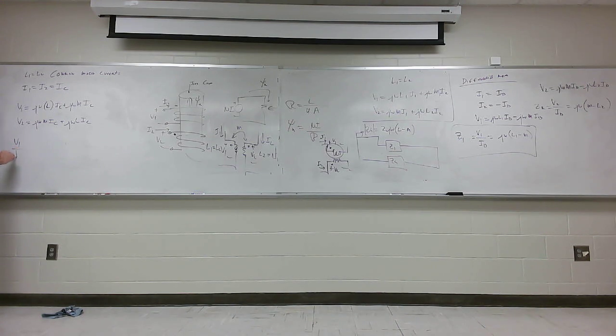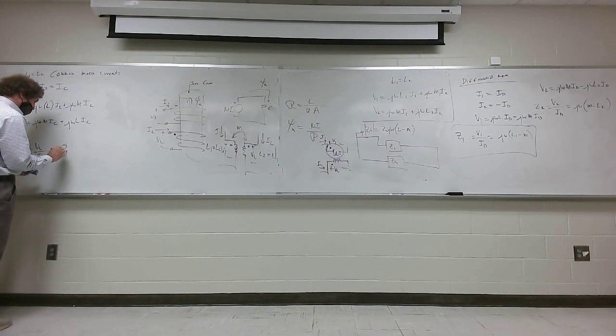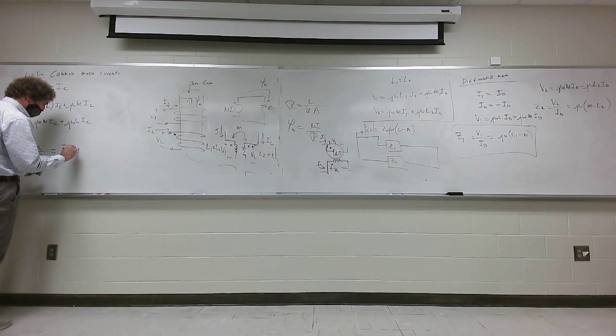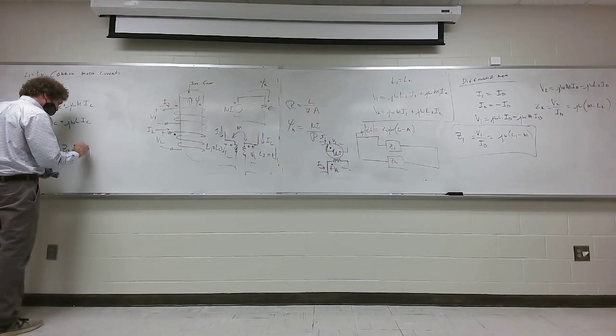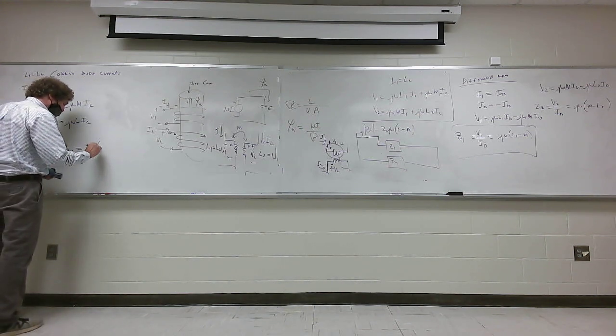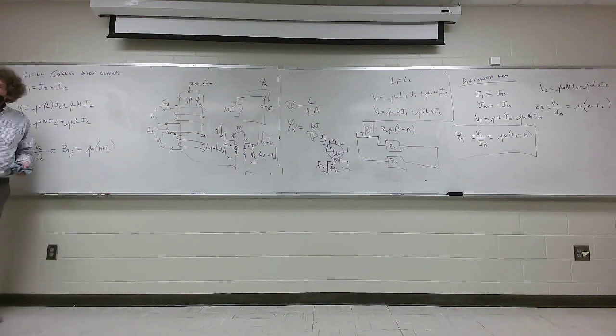And here you can see that V1 over I common is equal to V2 over I common, which is equal to the impedance of coils 1 and 2, and they're equal to j omega (M plus L). Y'all follow me on that? How many see this?